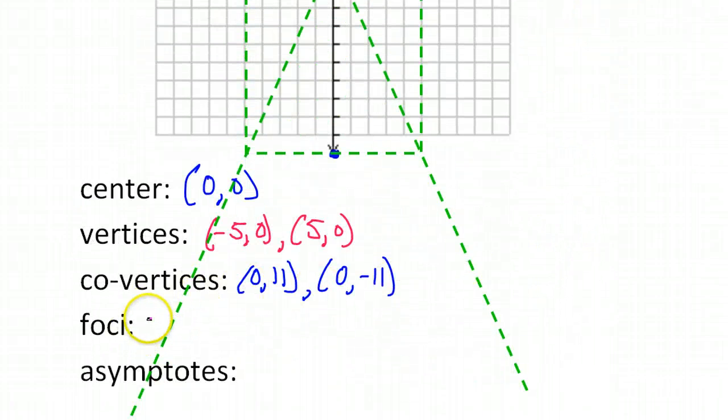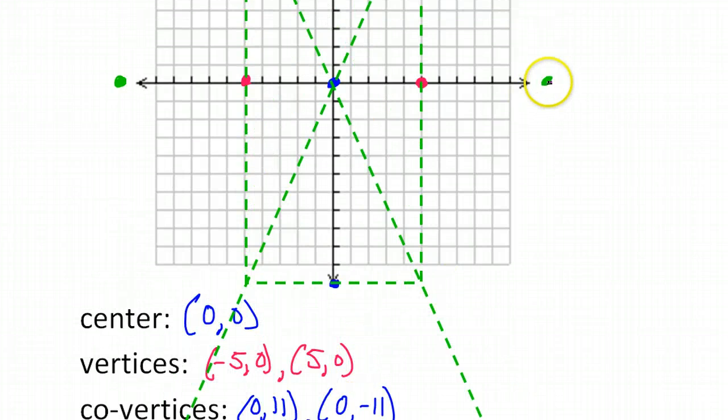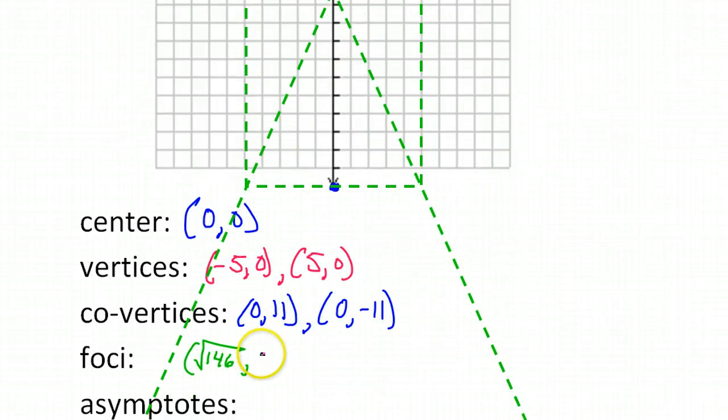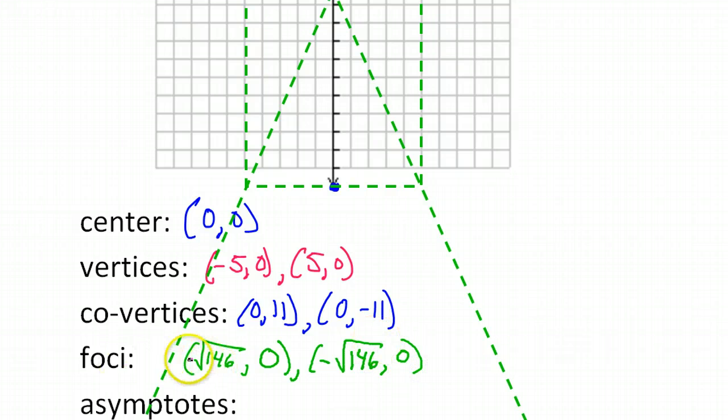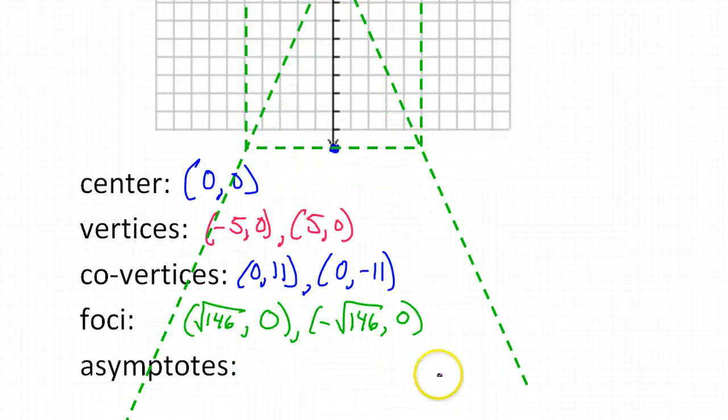So positive radical 146 will be the x value of this point, and it's on the line, so the y value is 0. So radical 146 comma 0, and then negative radical 146 comma 0. Foci are often ugly. Deal with it.